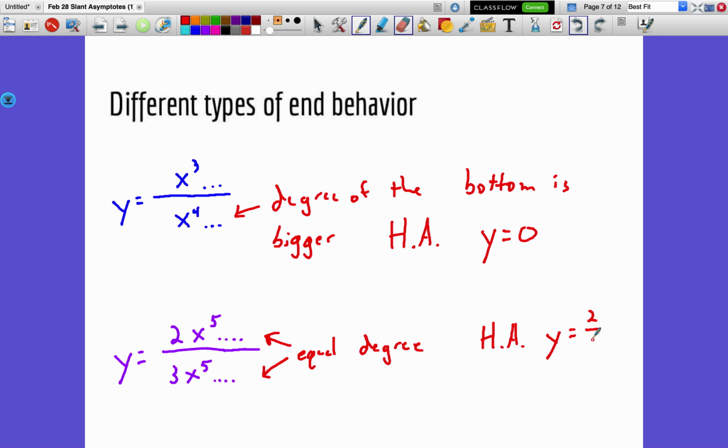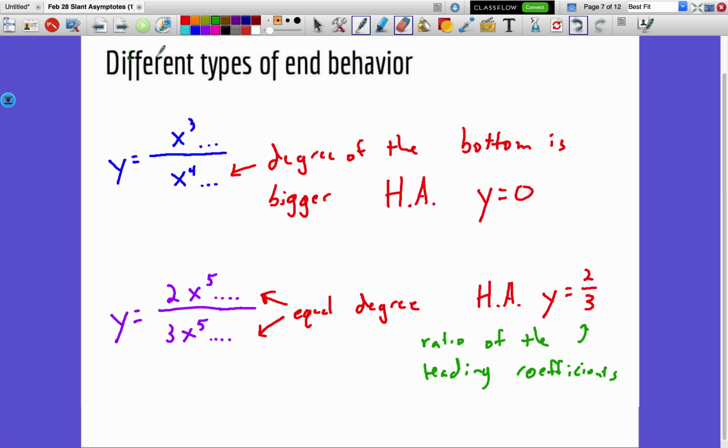If the degrees match, neither will become so much bigger than the other one. They'll both become big at the same rate, and what will matter is the ratio of their coefficients. So that 2 over 3, we say that's the ratio of the leading coefficients. Write that down.